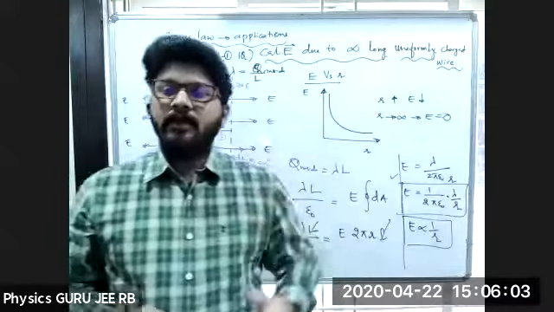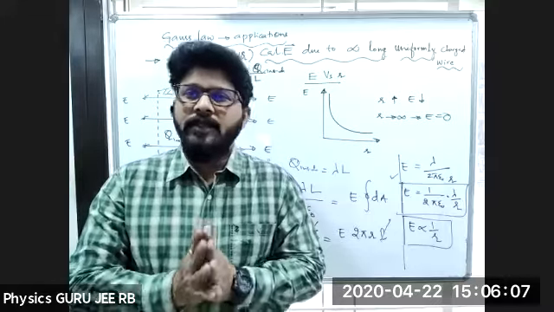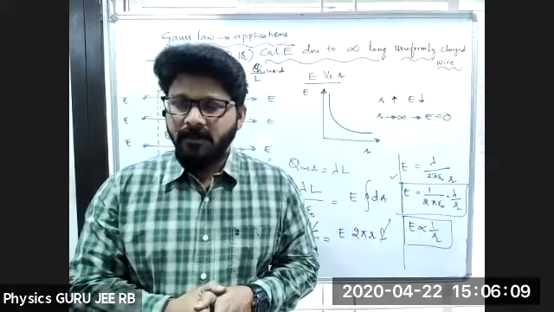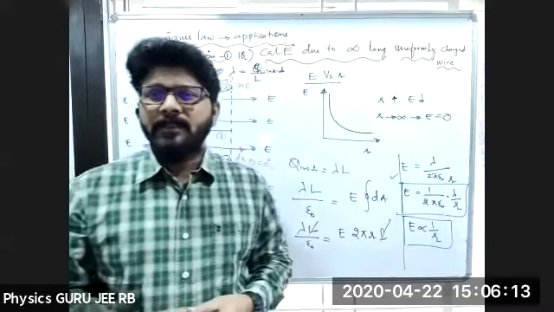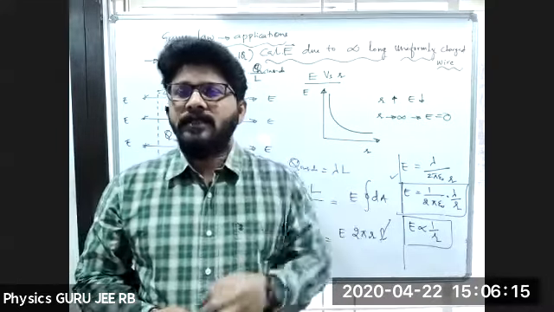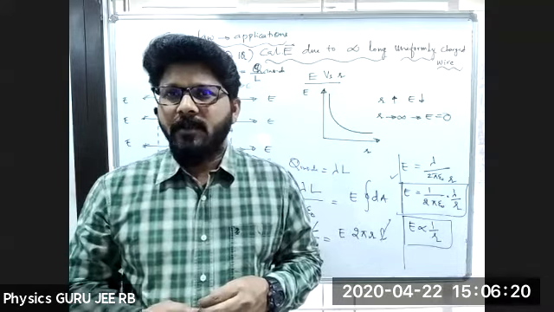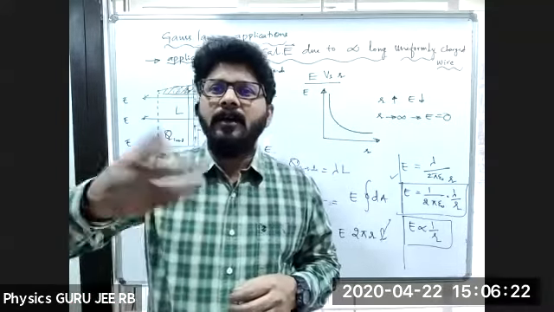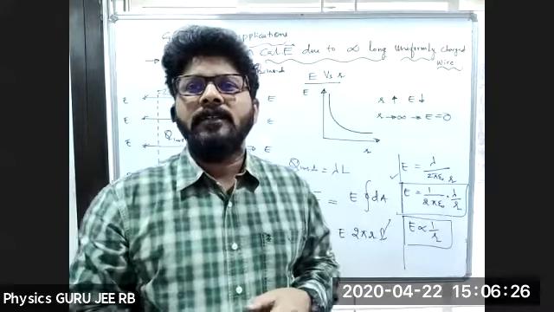Then we calculated the flux linked with a closed surface, phi is equal to Q by epsilon naught. Then in today's class, if you take half of a cylinder with a charge placed on it, how to calculate the flux linked with it. Or why do we consider an infinite wire?